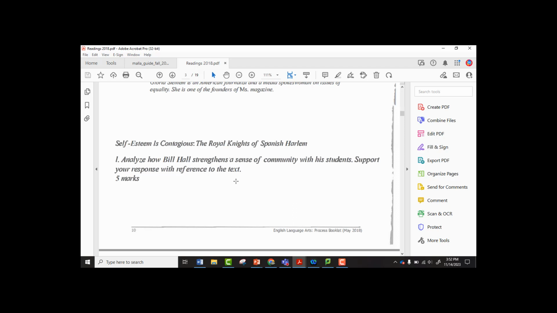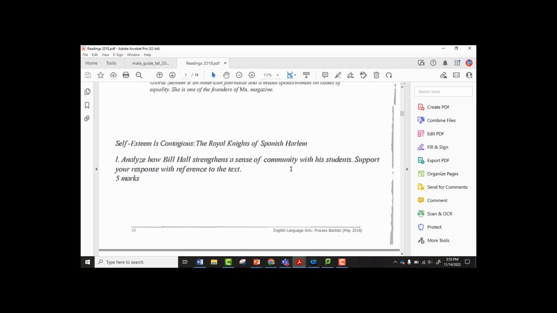So you're going to read this 2 3/4 page article. Always read the question first before you begin the reading, because then as you're reading, you can highlight things and you know what you're looking for. So the word analyze means they want your opinion here. So how does he show a strength of community?